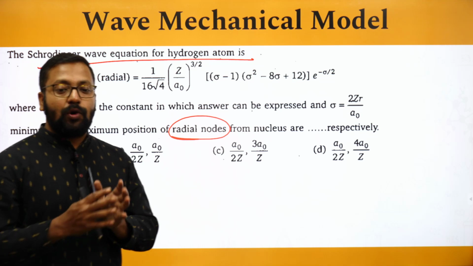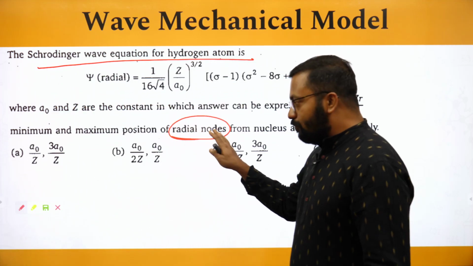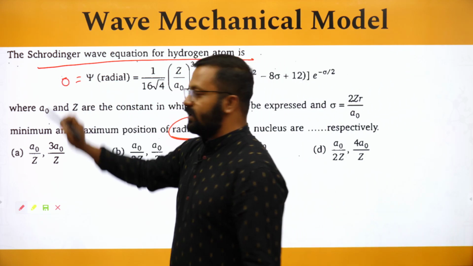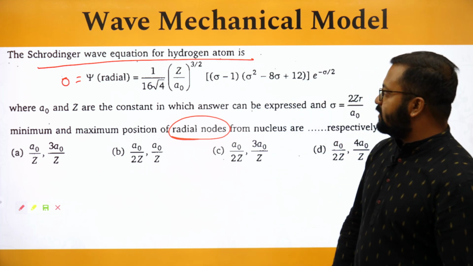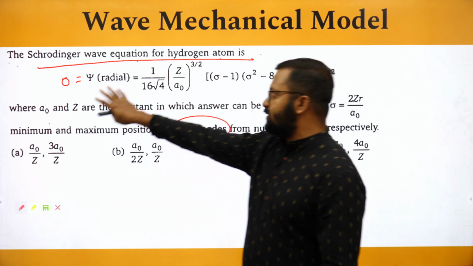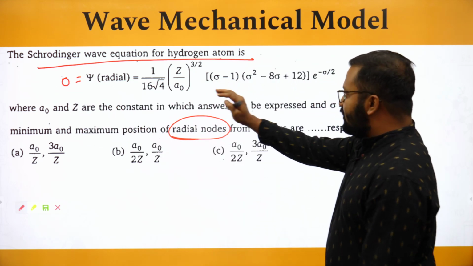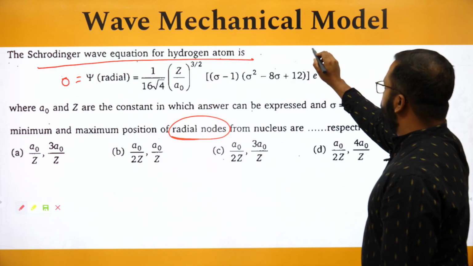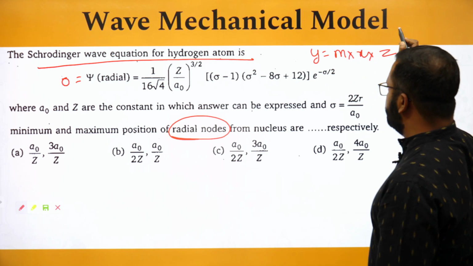So if the probability of finding the electron is 0, that means this part will become equal to 0. Can I say that, guys? If the probability of finding this is 0, so if I square this it will become equal to 0. Now when this part becomes equal to 0, let's say there is a number y is equal to m times x times z.